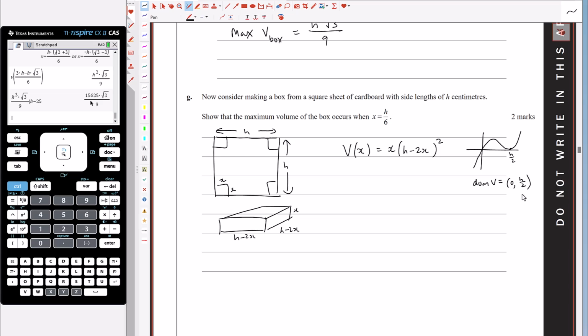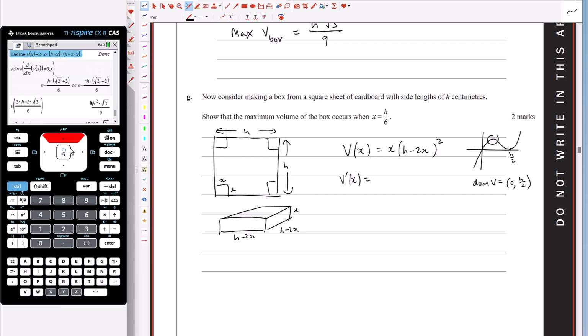To find the maximum, we need this turning point here, so we're going to solve derivative. So again, let me redefine my volume function now. We're going to have x times h minus 2x squared.